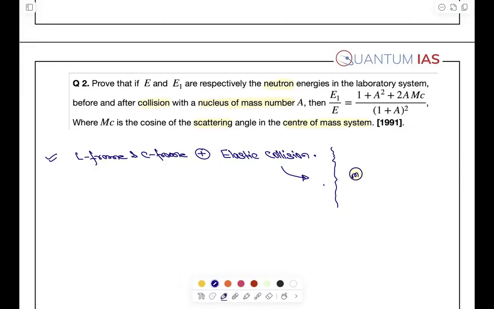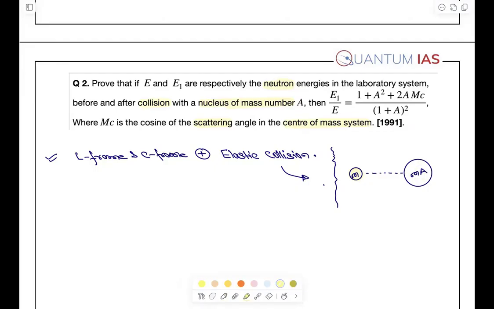This is my neutron. Now it is going to collide with some nucleus which has mass mA.